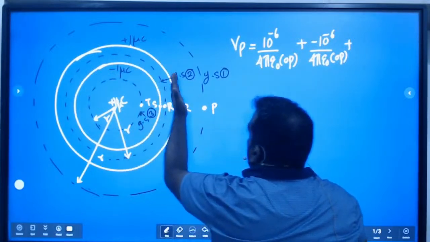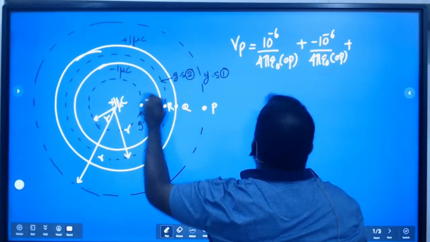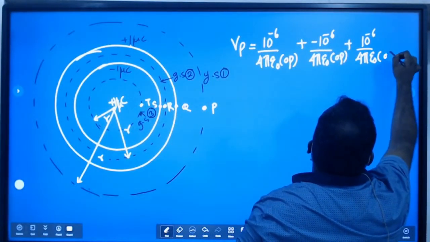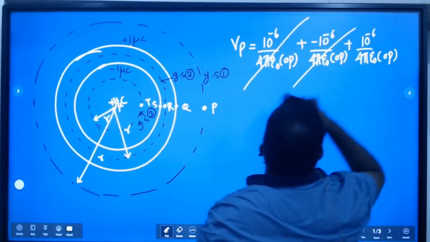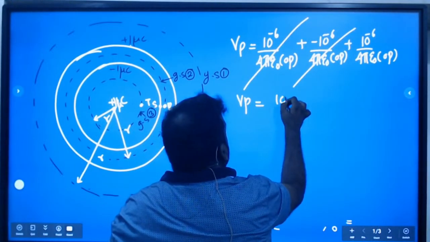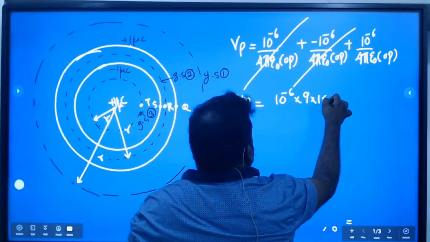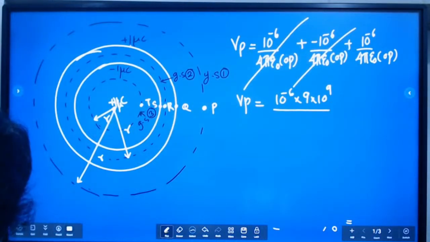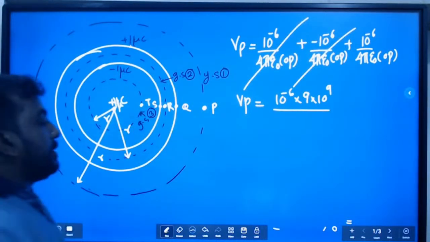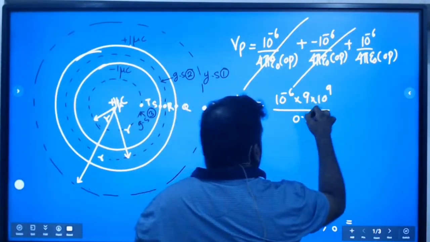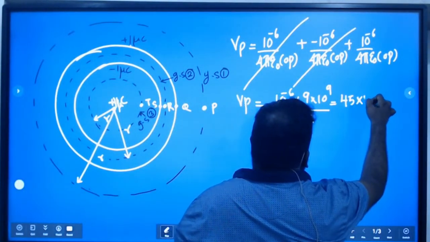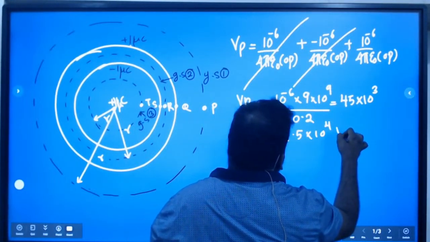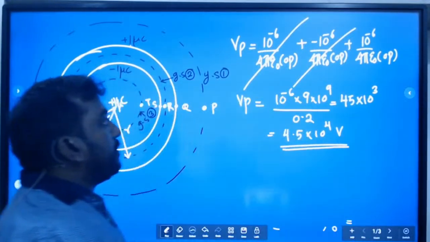Here plus 1 microcoulomb. You can see clearly these two will cancel off. Potential at P is 10 to the power minus 6 times 9 times 10 to the power 9 divided by the OP distance. OP is 20 centimeters, 0.2 meters. 9 divided by 2 is 4.5, so 4.5 times 10 to the power 4 volt.